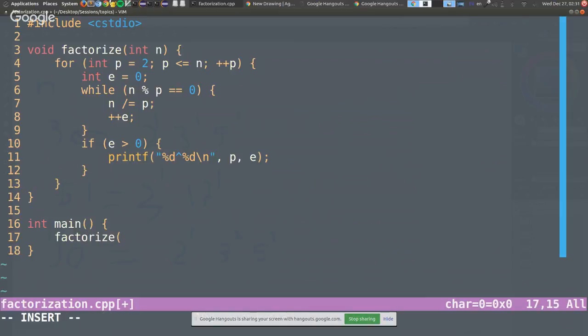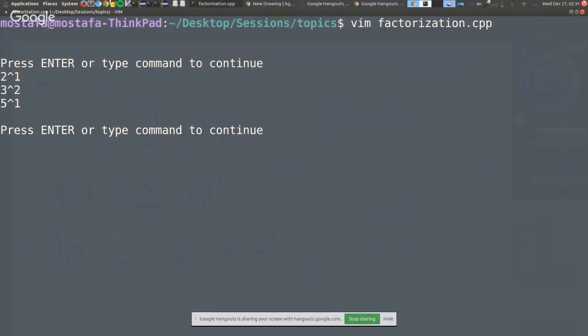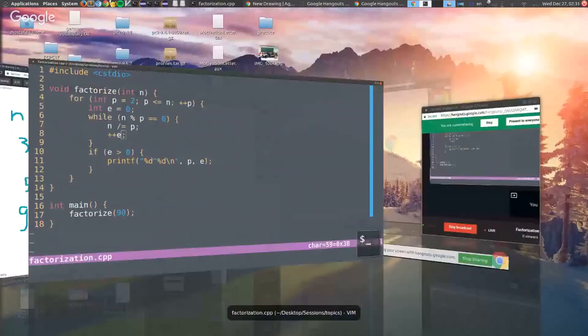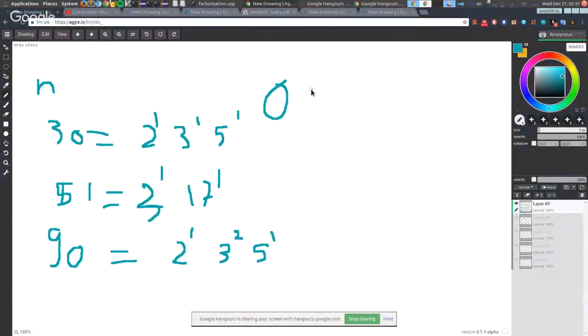For example, here is 90. As you can see, here are the exponents. So the very naive way has a time complexity of n, which is, I think, very big. So we'd like to move to a bit better algorithm.